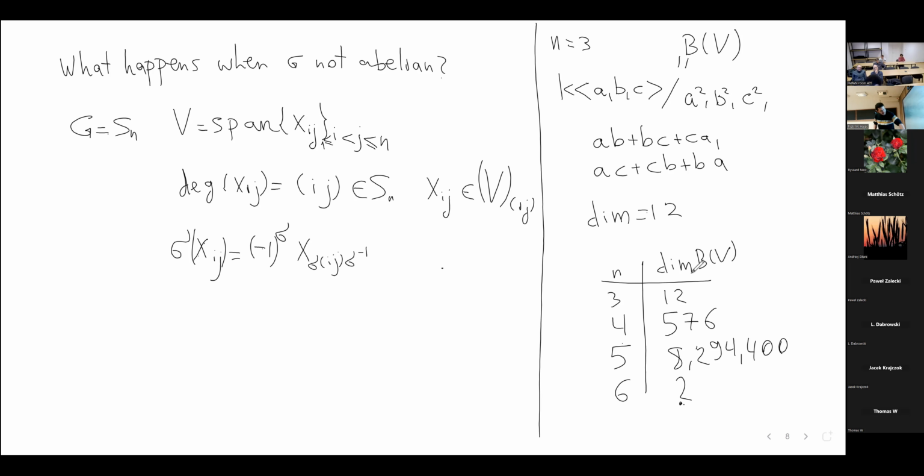So, here I spoke about what happens. First I mentioned abelian groups, then I mentioned Sn, which are almost simple groups. Now let's take an example of solvable groups. Let's take the following group.